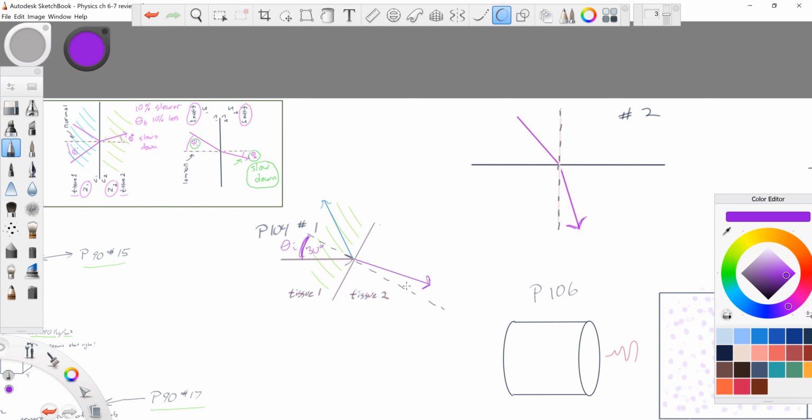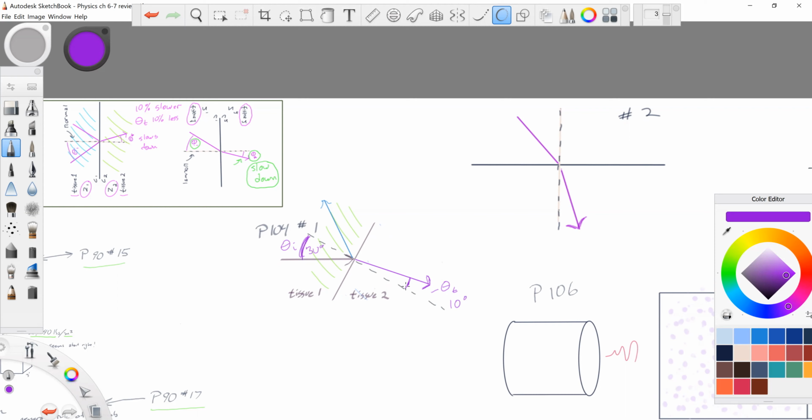And here's the normal, and theta transmitted was only 10 degrees. Right? The angle of transmission is 10 degrees. From these facts alone, what can we say about the speed of sound in medium 1 versus medium 2? Well, so far we know the speed of sound is different because there is a significant refraction. Which is faster?